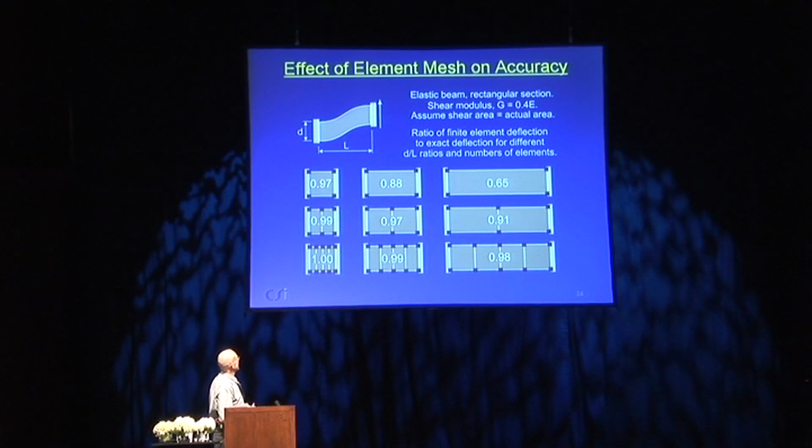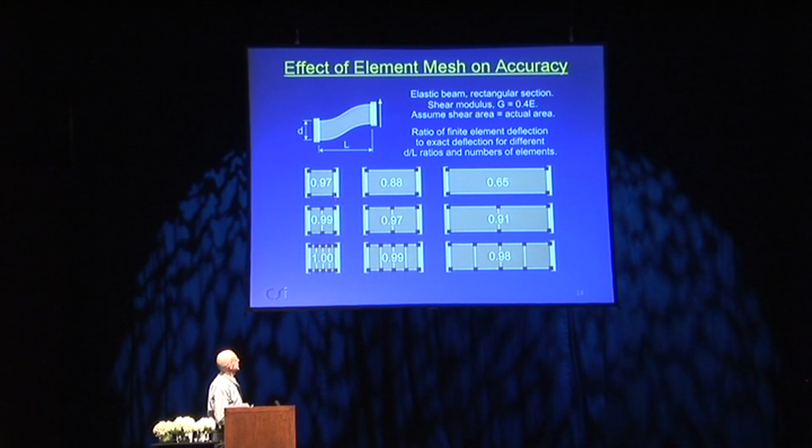Well, for a 1-to-1 span to depth ratio, it doesn't really matter whether you use 1, 2, or 4 elements. It's pretty much exact. If you have a 2-to-1 span to depth ratio, you might regard this as not being accurate enough, but certainly 2 elements is sufficient and 4 elements is definitely ample.